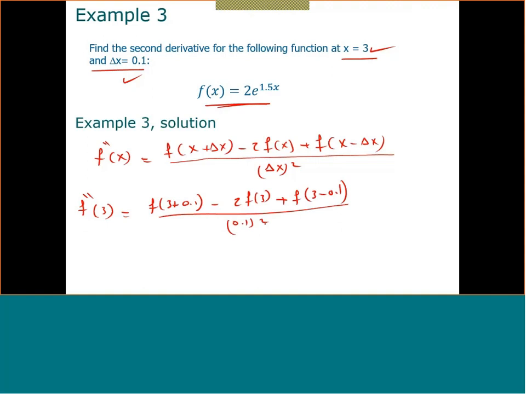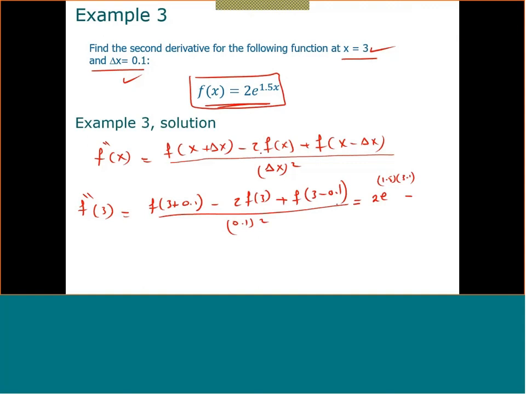So now I will substitute in all these values. So this will equal 2 times e to the power of 1.5 times x, which is 3.1, minus this. This is the function f of x. I will just substitute x with the values 3.1, 3, and 2.9.